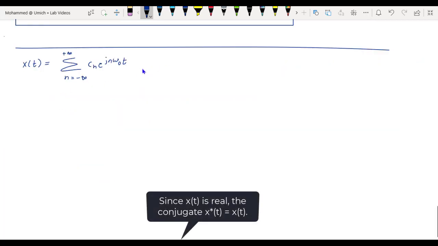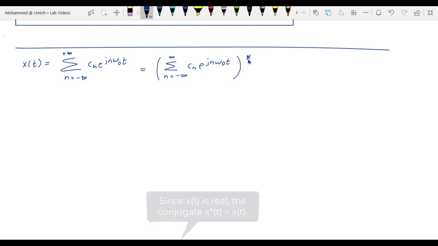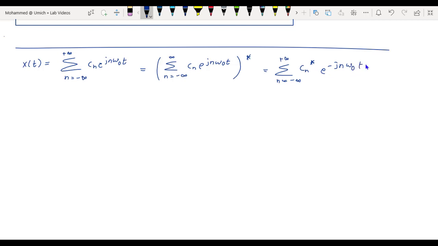This is the same thing as the whole thing conjugate, which equals the sum from n equals minus infinity to plus infinity of Cn conjugate e to the minus j n omega naught t.